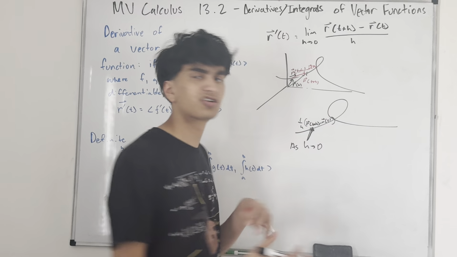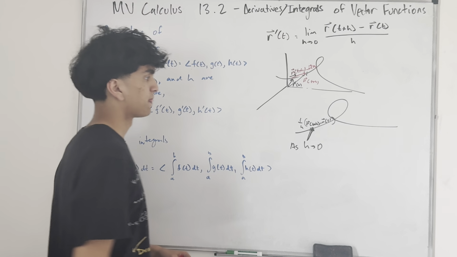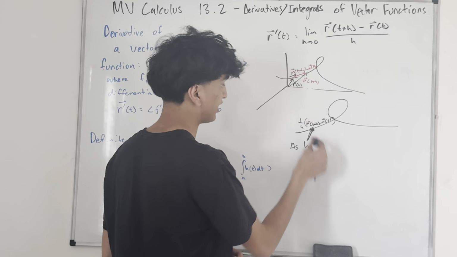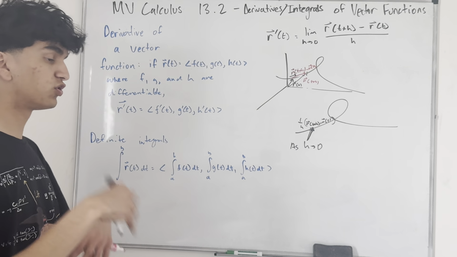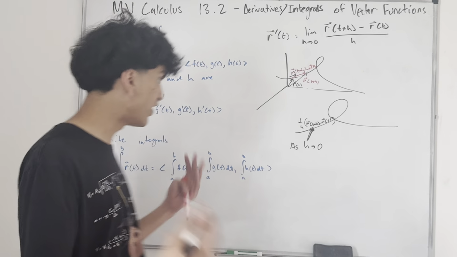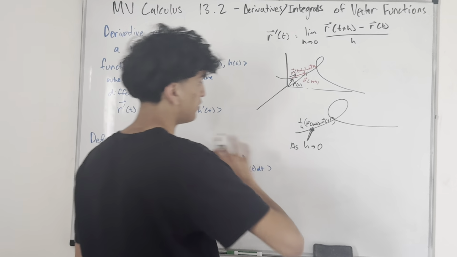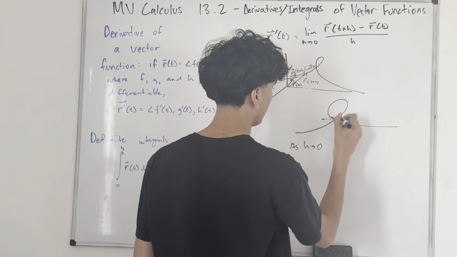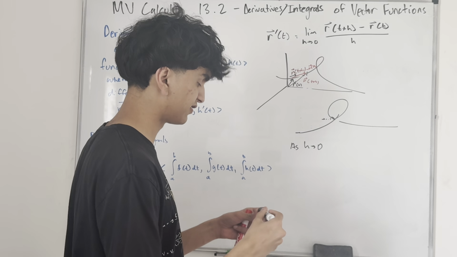It's this weird thing where the vector itself is approaching 0, but you're also multiplying it by 1 over h, which is approaching infinity. So when you take this limit, you eventually get something that looks like this.